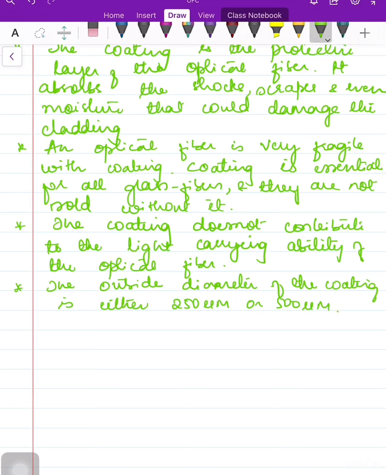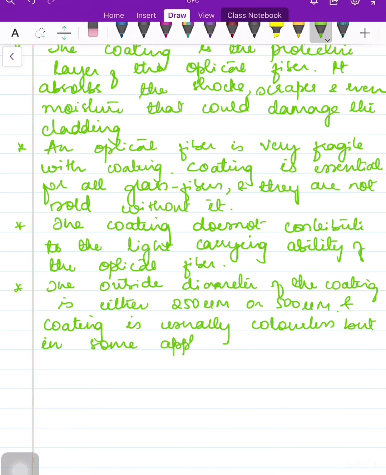Clear? And generally the coating is colorless. Coating is usually colorless, but in some applications it's colored.